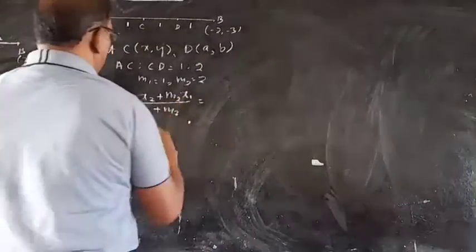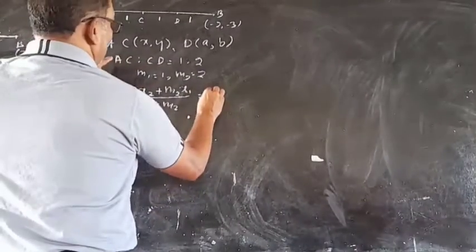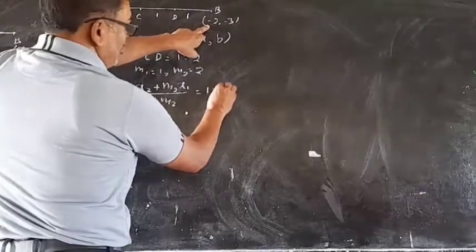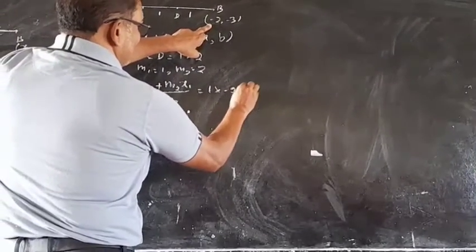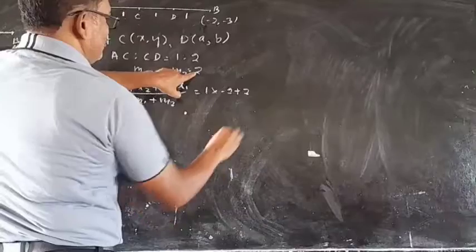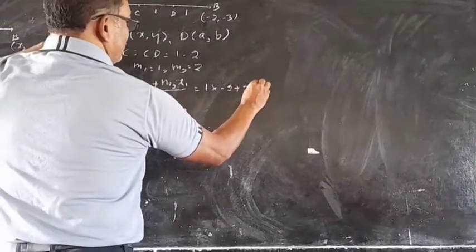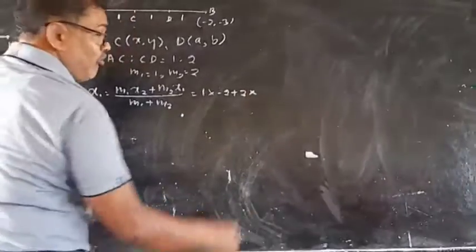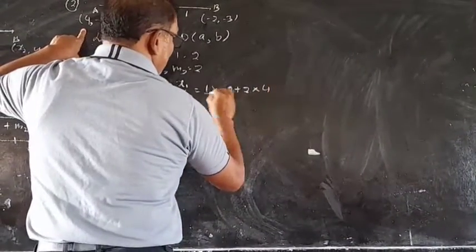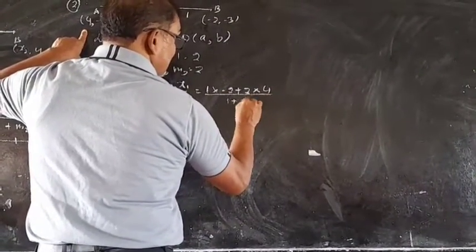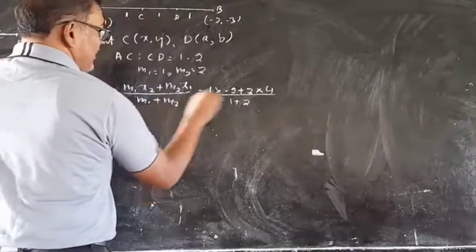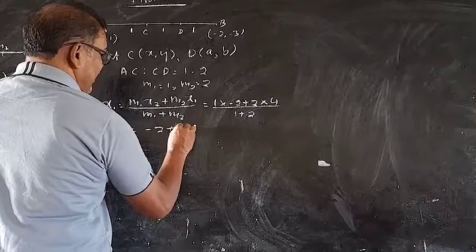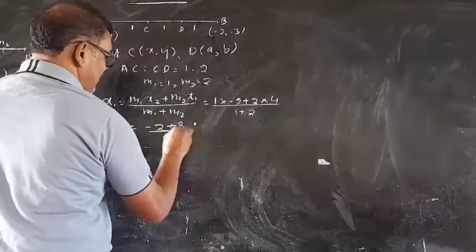Now put the values: m1 is 1, into x2 which is -2, plus m2 which is 2, into x1 which is 4, upon m1 plus m2 which is 1 plus 2. This is equal to -2 plus 8 upon 3.